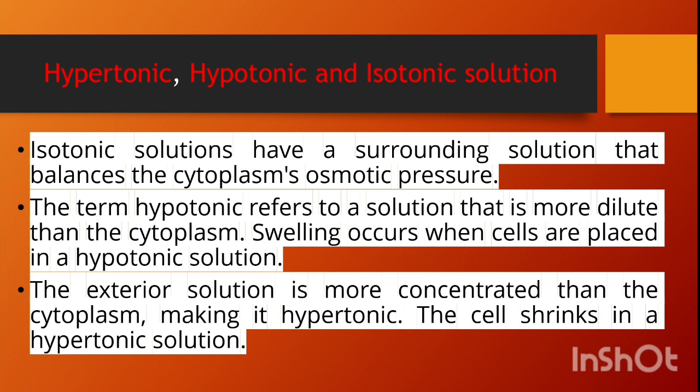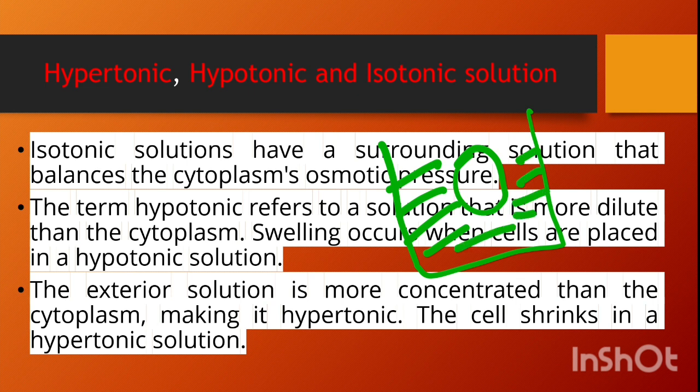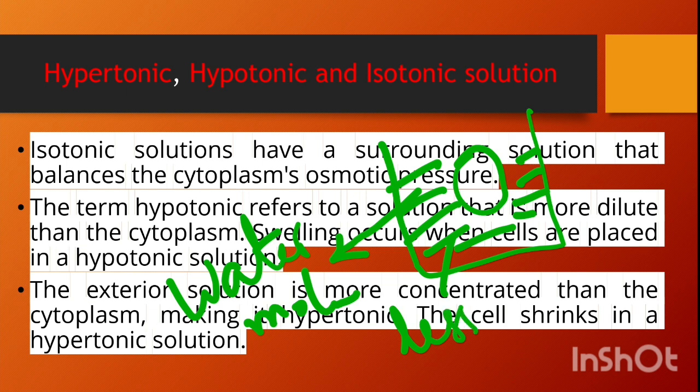But hypotonic solutions are more dilute than the cytoplasm. Suppose a cell is placed in a hypotonic solution. Hypotonic means more water molecules are present and less solute than that of the cell.